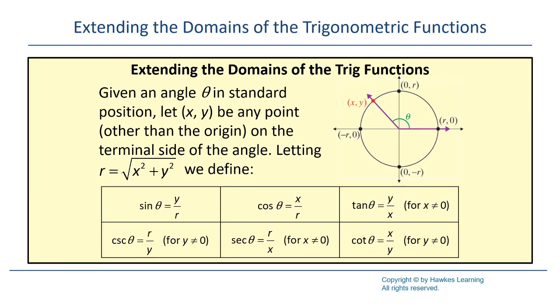So if we extend the functions' domains, given an angle theta in standard position, let x and y be any point other than the origin on the terminal side of the angle, and this is just the terminal side because we rotate counterclockwise, and we define the radius to be the square root of x squared plus y squared.